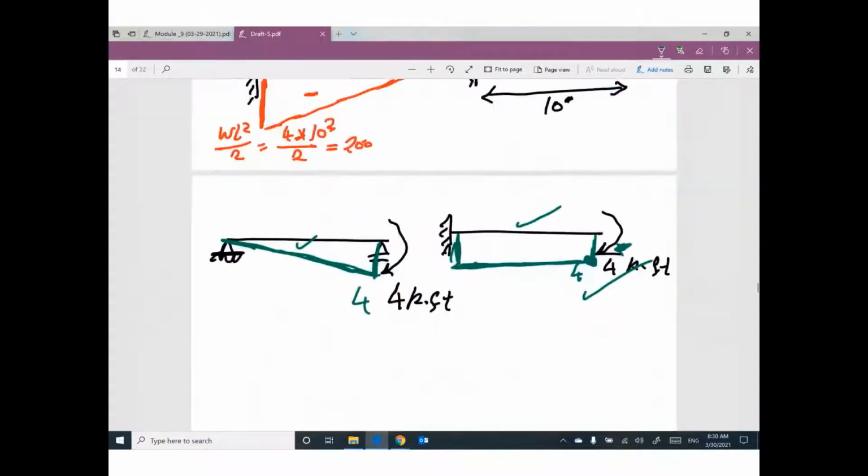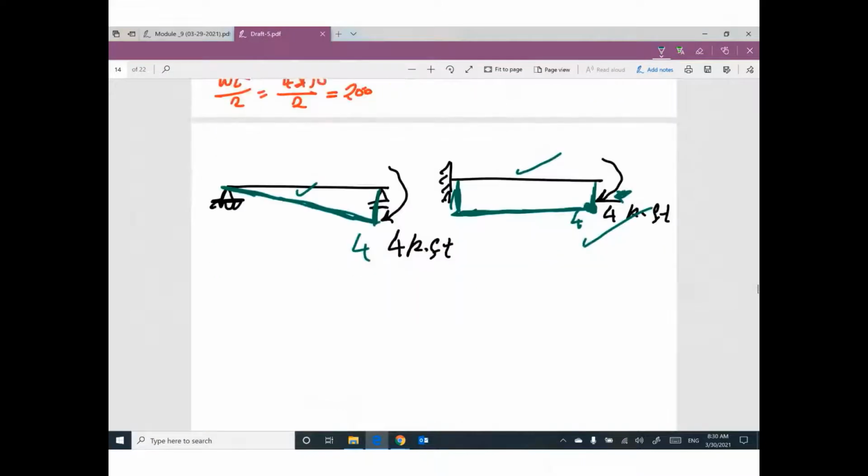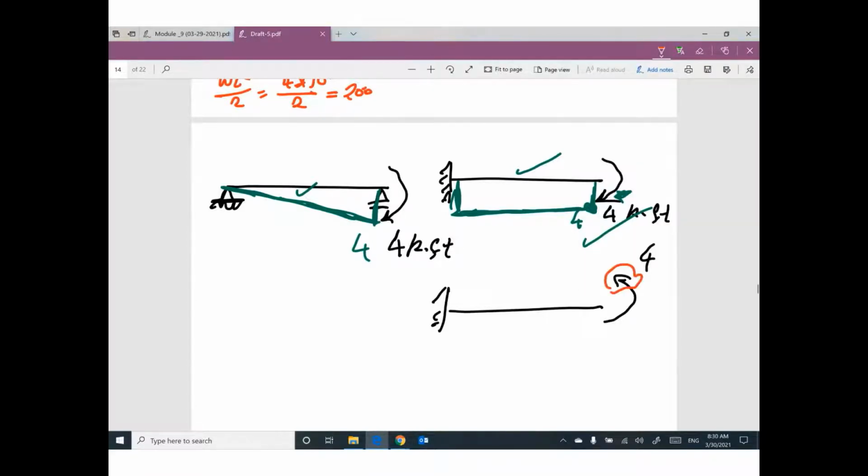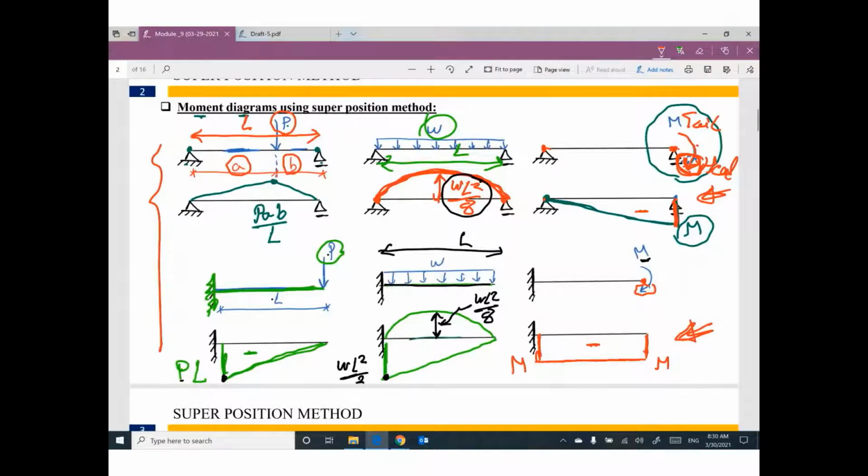Just to keep in your mind, if the applied moment is like this, 4, I will follow where the head of the arrow is up, so your value will be up and remain constant. This one is positive, then this one is negative. That makes sense? These cases look good.